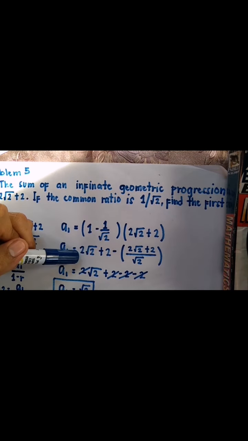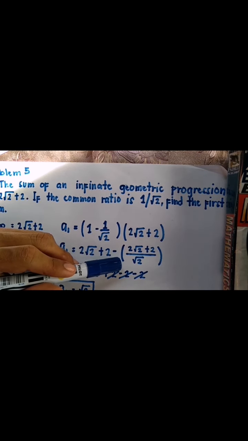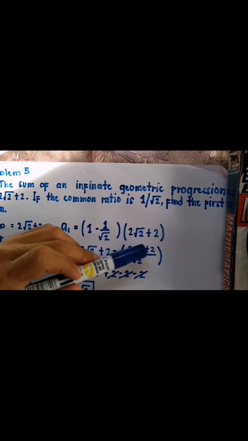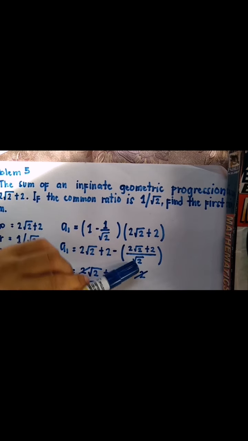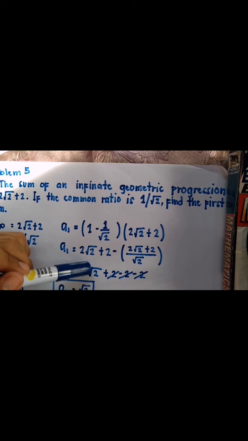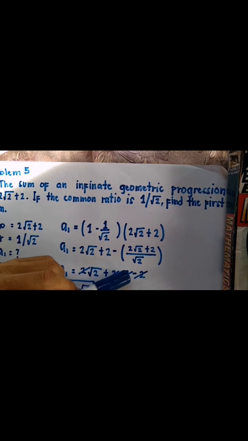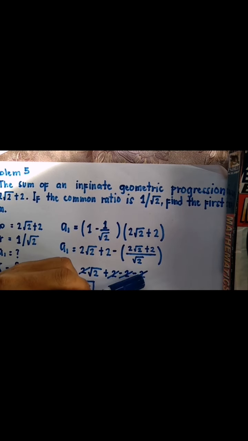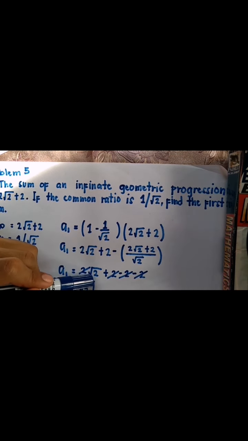So it becomes 2 square root of 2 plus 2 minus (2 square root of 2 plus 2) over square root of 2. We write it this way: 2 square root of 2 plus 2 minus 2 minus square root of 2... So we cancel out, and the remaining is square root of 2.